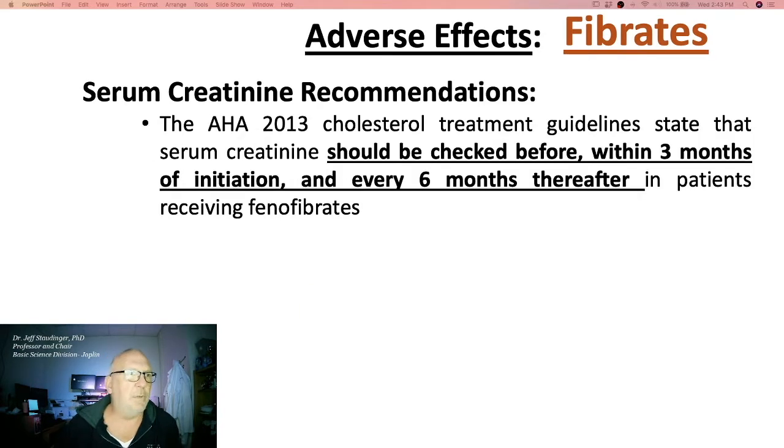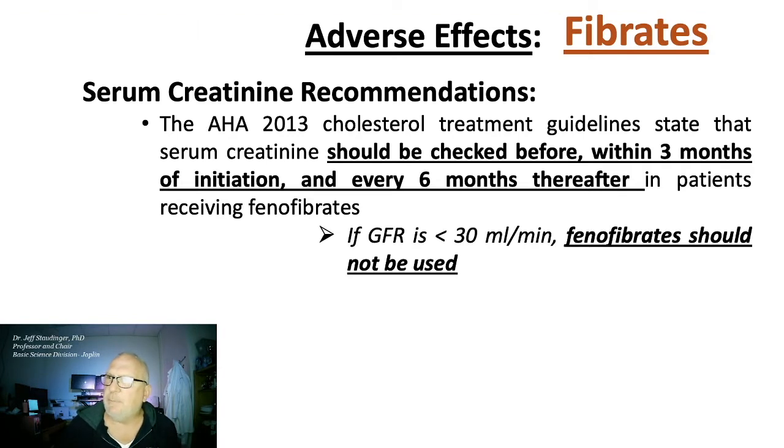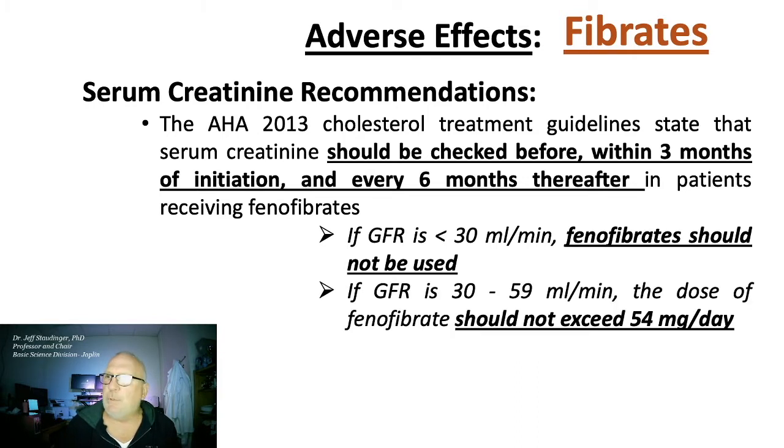The American Heart Association in 2013 recommended that serum creatinine should be checked before, at 3 months, and every 6 months thereafter. As you know, serum creatinine is a measure of kidney function. If GFR is observed to be less than 30 mL per minute, fenofibrate should not be used. If it's between 30 to 59, the dose of fenofibrate should not exceed 54 mg per day.